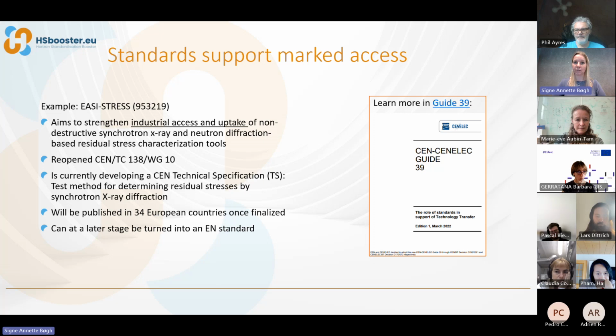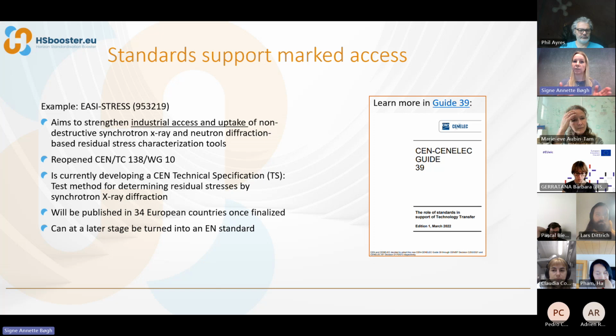These standards, because this is a European standard, will be published in 34 European countries, where it's now accessible for industry. So if you have a new technology and you have to figure out how do I actually get this technology to market, then you definitely need to consider if this is something that should be standardized.